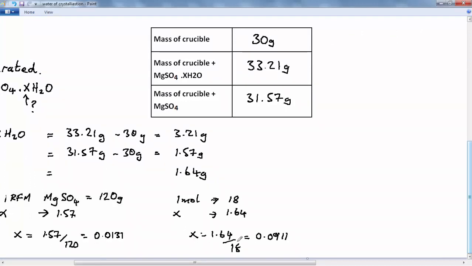Now this tells us the number of moles of magnesium sulfate present to the number of moles of water present in the substance. So what we need to do now is find the whole number ratio, and to do that we choose the smaller of the two numbers, which is 0.0131, and we divide each number by that number. So we're working out the moles of magnesium sulfate to the number of moles of water.